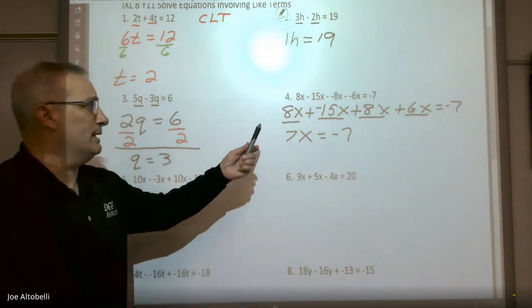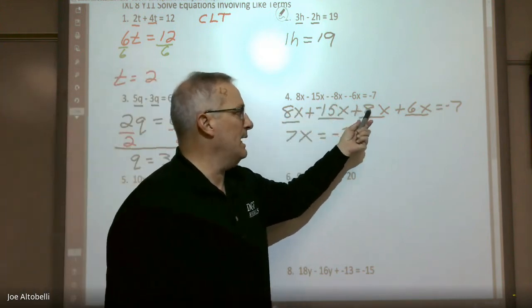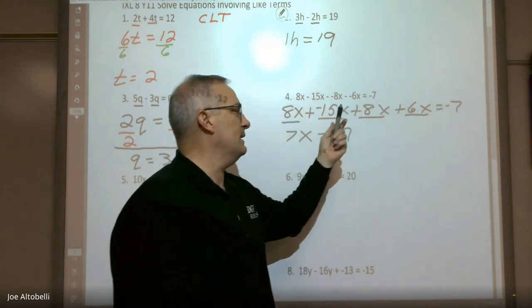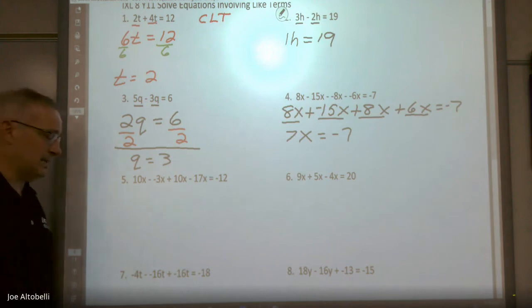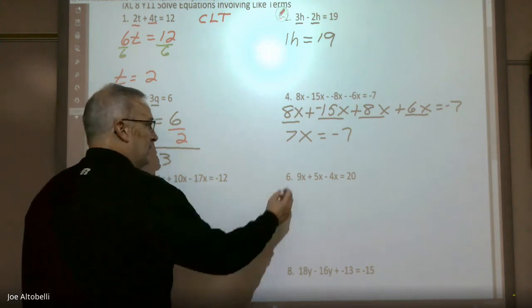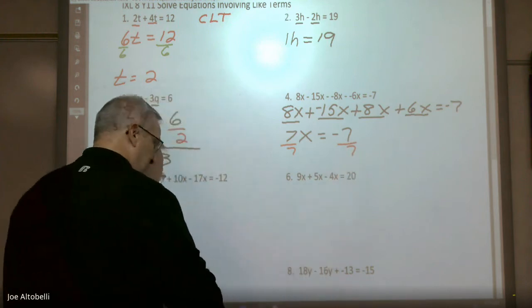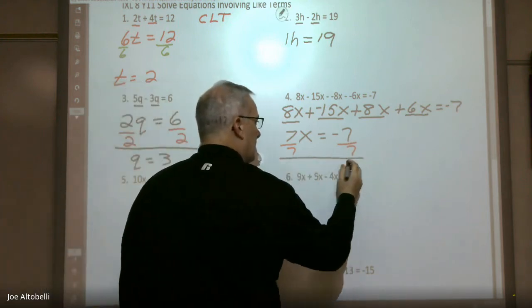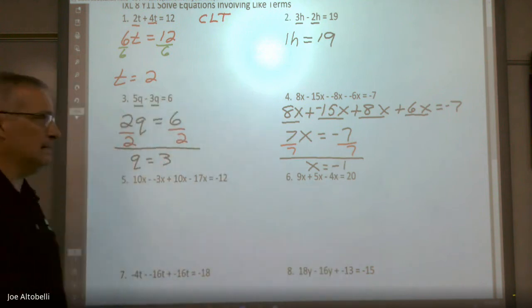On your calculator, you would go 8 plus a negative 15 plus 8 plus 6, and it should give you 7. So you get 7x equals a negative 7, and then we divide by 7, and we get x equals a negative 1.